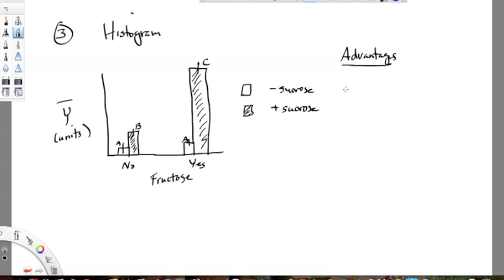The advantages first. First of all, this is a fairly standard way of presenting these kinds of results. So having a standard way, people kind of expect to see that kind of a plot and would very quickly be able to interpret it. It kind of appropriately depicts what you know.